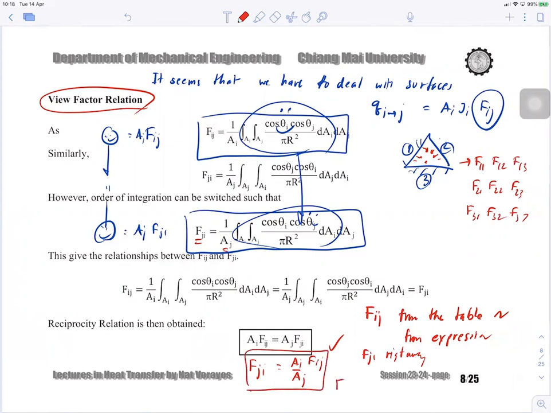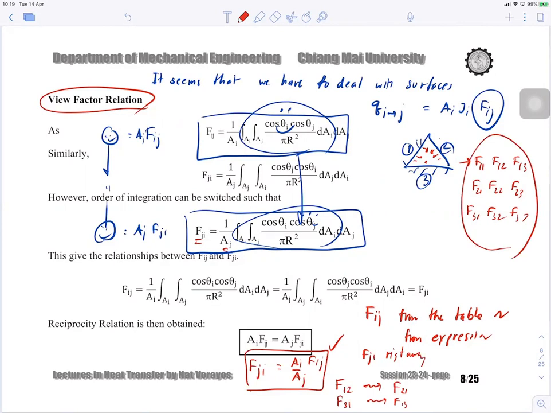So meaning once you can find F12, you can find F21 right away. If you found the F31, you could find the F13 right away by using the reciprocity relationship. So in this case, you need the 9 view factors.